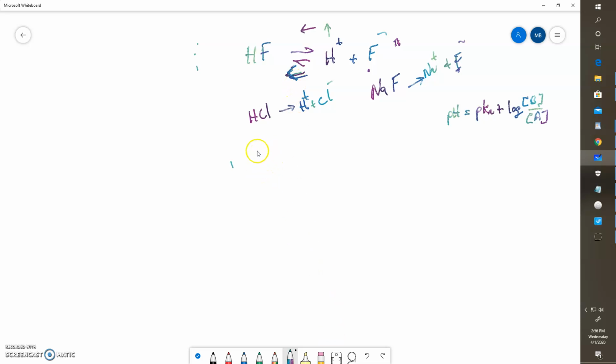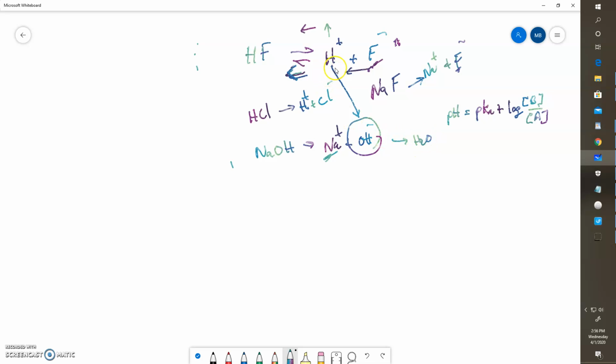Now if I have a base, sodium hydroxide, let's go that one. Again, 100% dissociation. The Na+ is going to be the spectator ion. Where the acid is combining with the F- and going out, what's going to happen when I add base? This hydroxide concentration is going up, but you'll notice H+ is there. So H+ is going to combine with OH- and form water.